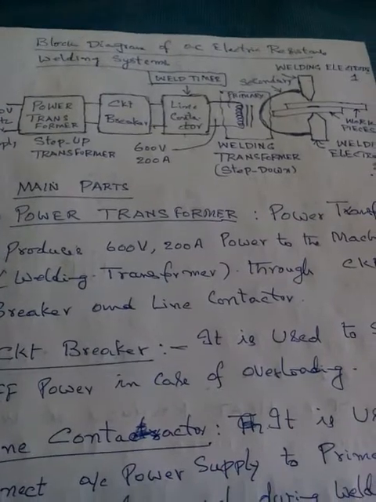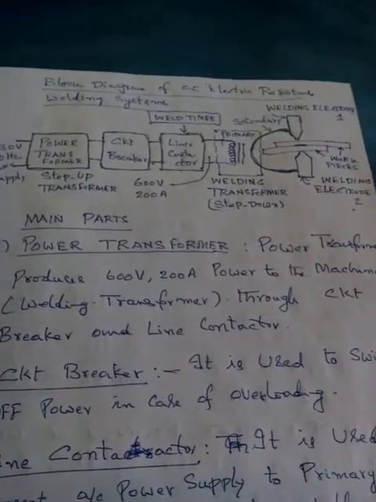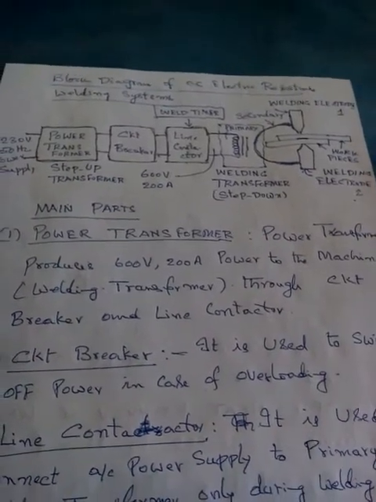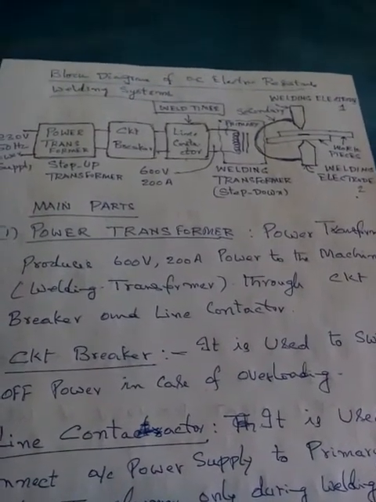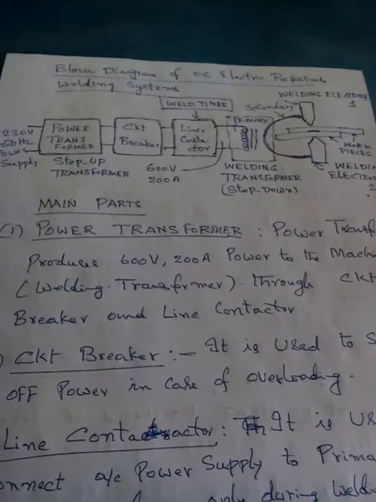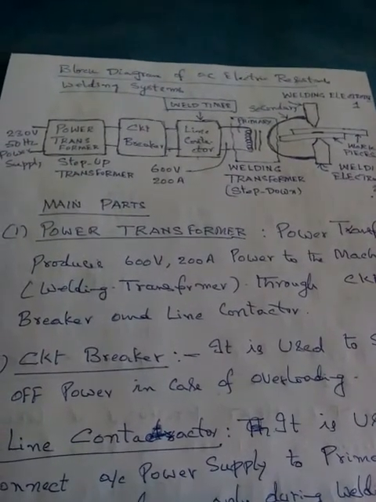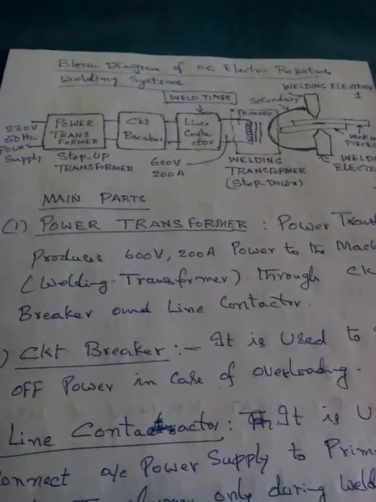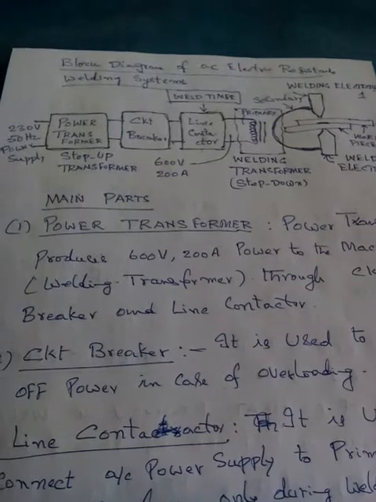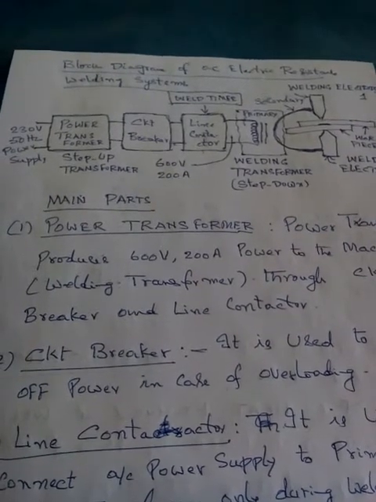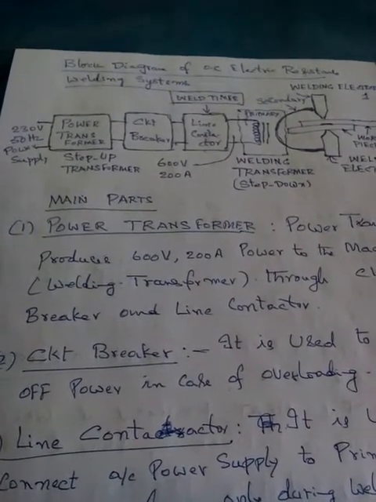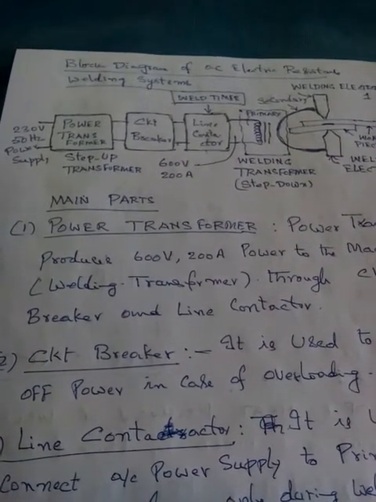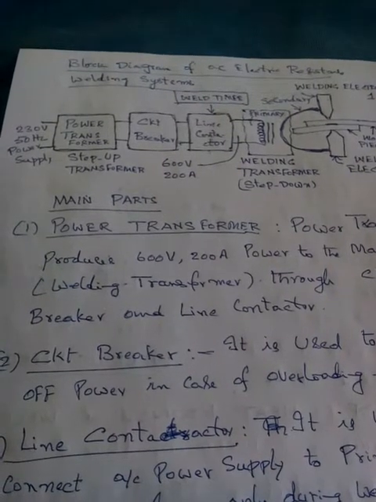Please note down the diagram clearly, because the diagram is always asked in the end examination. Again I am repeating, it is the input power supply 230 volts 50 Hz power supply, power transformer, step up transformer, next circuit breaker, next line contactor, then on the top there is weld timer, then welding transformer, step down transformer.